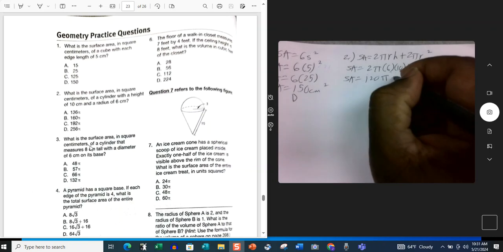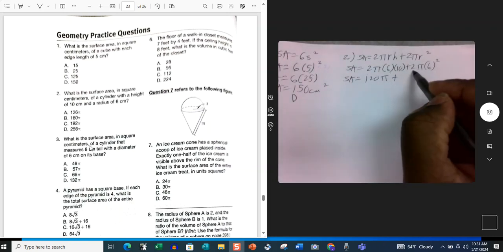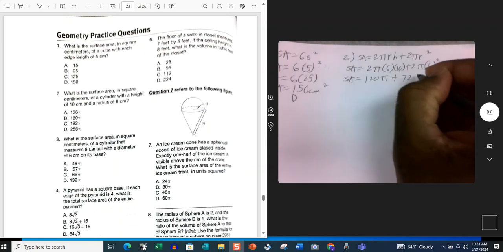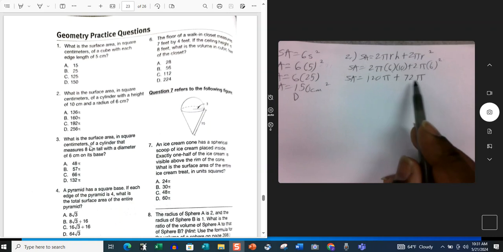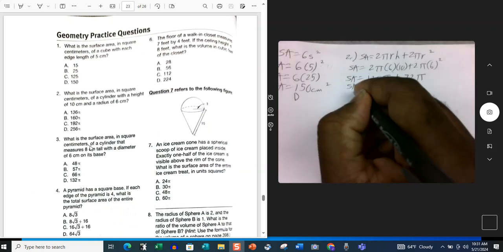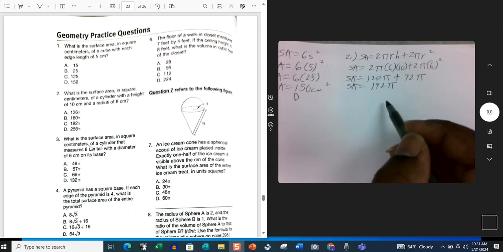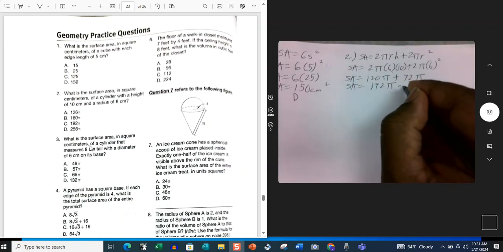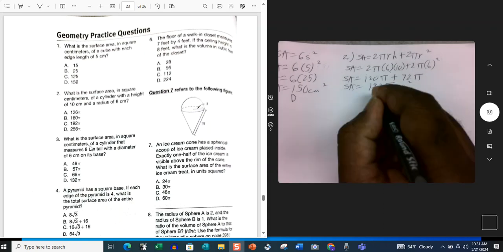So this would be 120 pi plus 6 to the second power is 36 times 2 is 72. So it'd be 120 pi plus 72 pi. So your surface area would be 192 pi, and then that would be square centimeters. And so here that would be C.